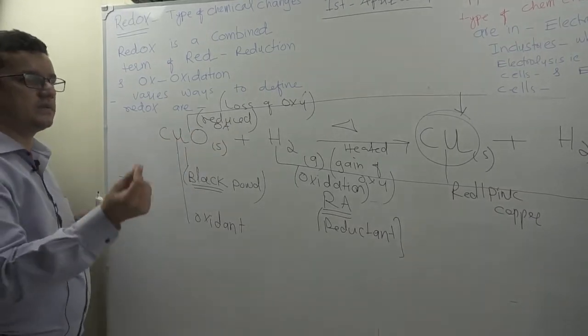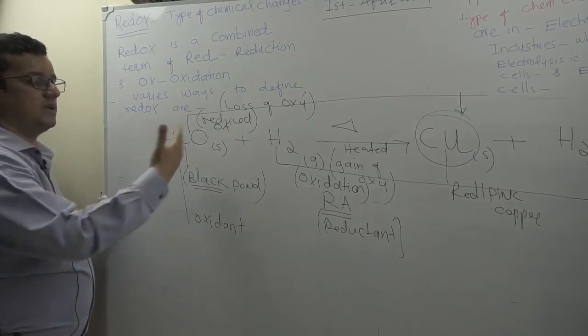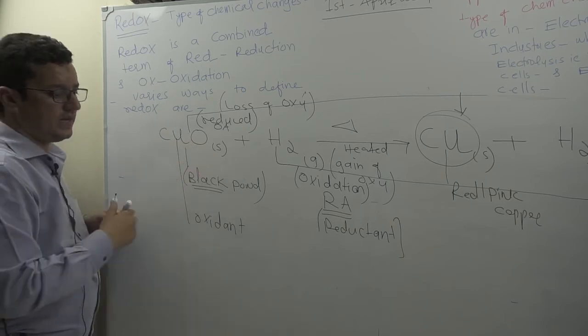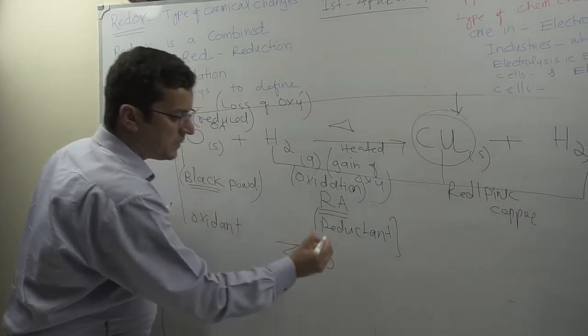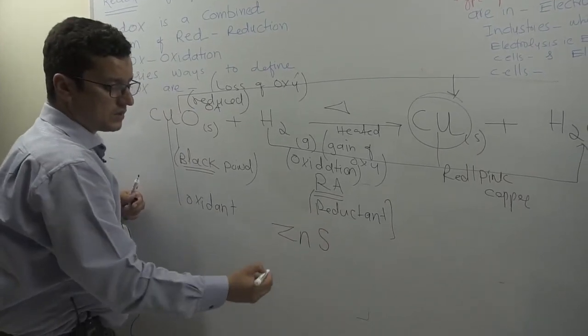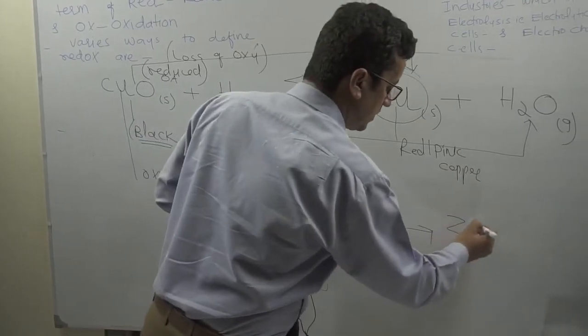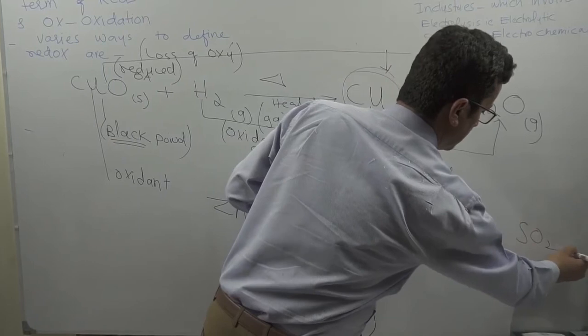So in terms of oxygen, the most primitive idea to explain redox, there is the loss of oxygen and gain of oxygen. This is one case. Another example: we have zinc in nature in the form of ZnS, the zinc ore. We heat it in air, and it turns to zinc oxide, and the gas sulfur dioxide is given off.